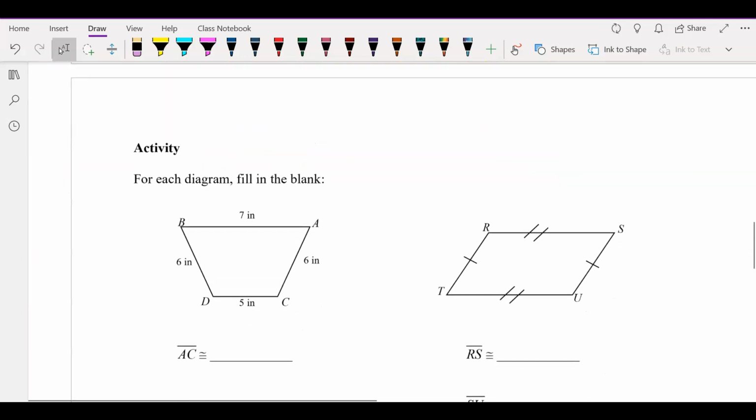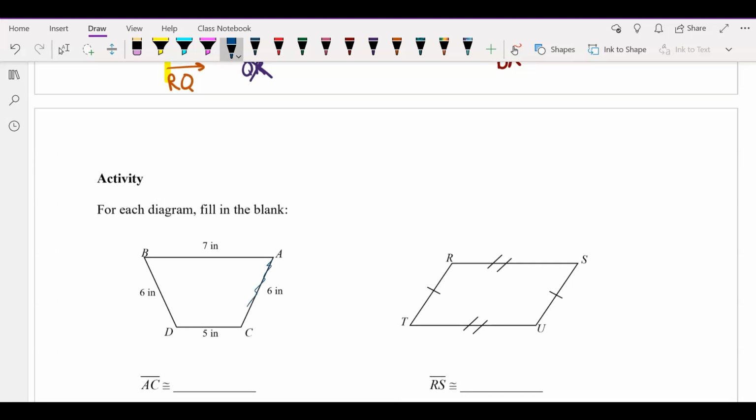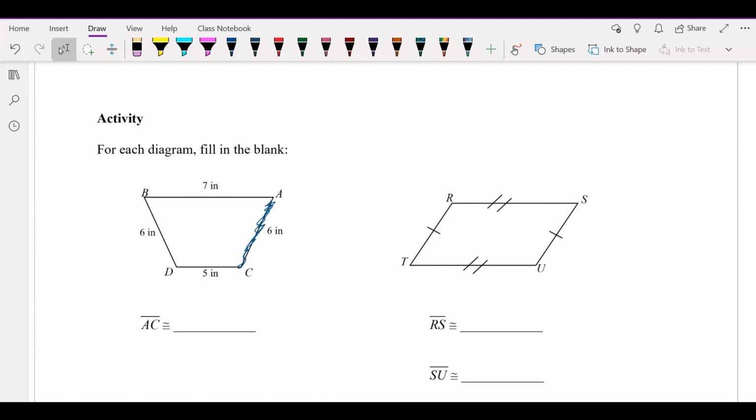Alrighty, so then we have some examples. We're going to do a couple quick examples. Over here in this one, we are just going to finish this congruent statement. It's saying that segment AC, this guy here, is congruent to what? Well, this is 6 inches, and I notice that this is 6 inches. So segment AC is congruent to segment BD. You can also write segment DB.